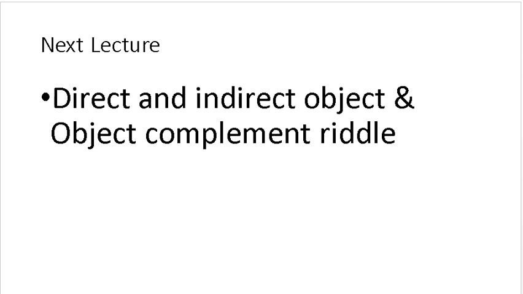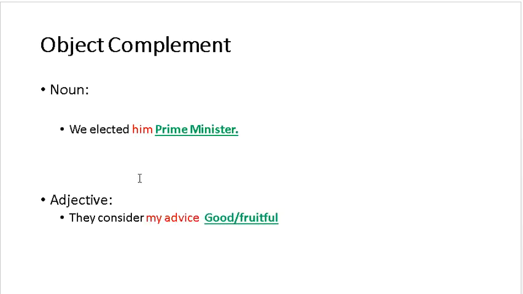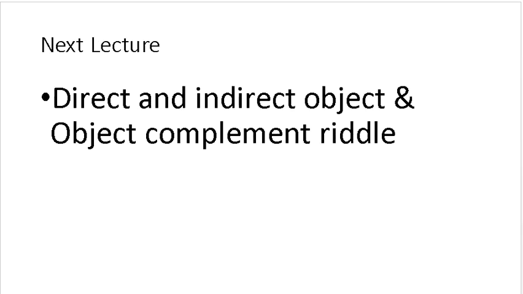So here they may consider this prime minister as an indirect object, him as a direct object. How we can avoid confusing direct and indirect objects with the object complement, all this we will study in the next lecture.